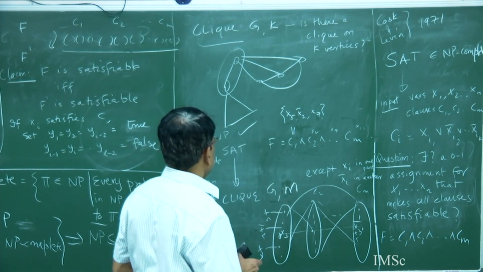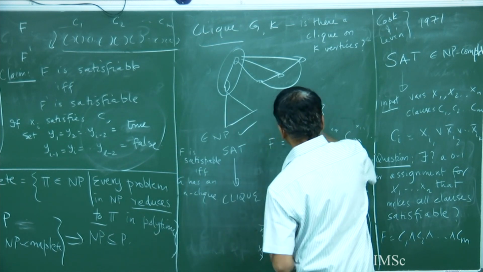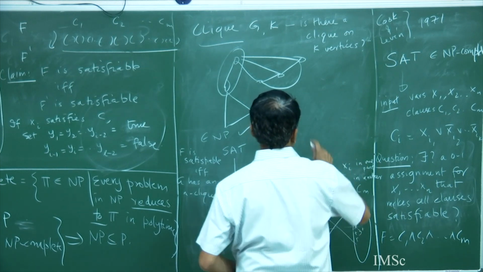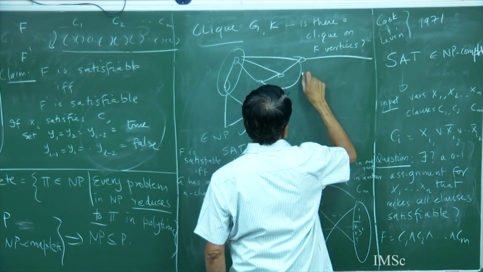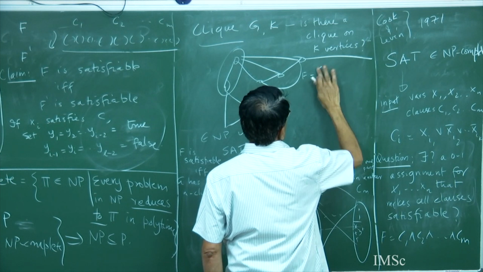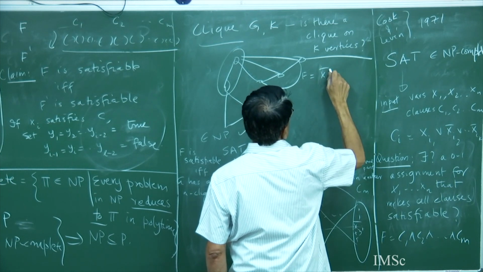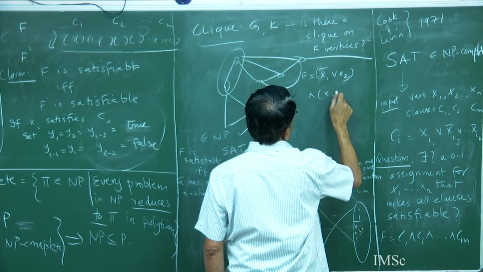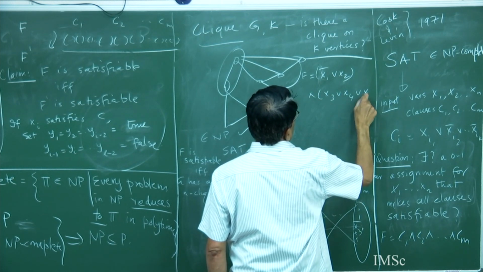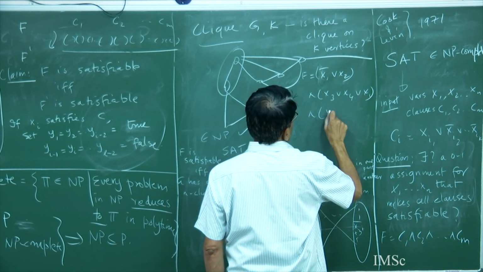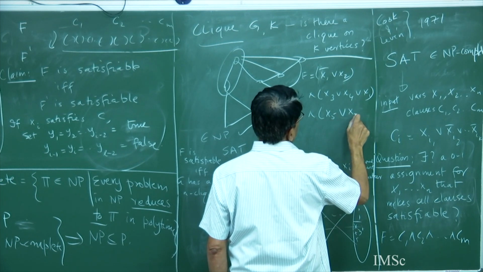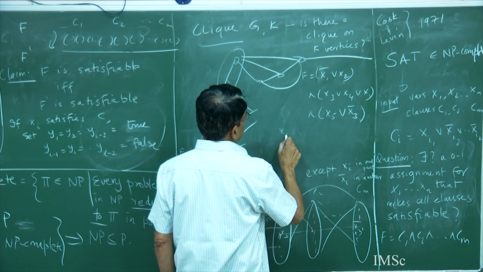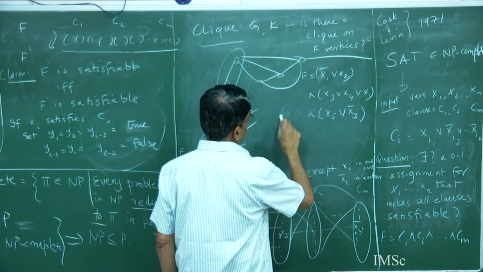Maybe I should have done an example. Suppose this is my f, then I will have a graph which will have these two vertices.